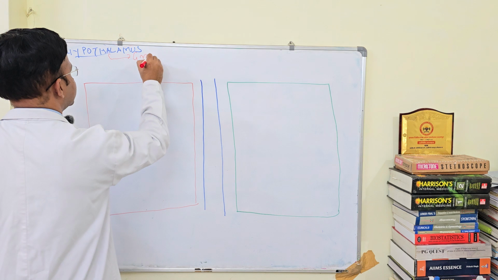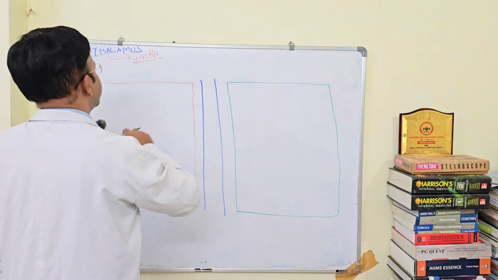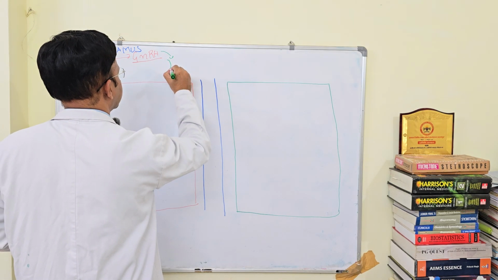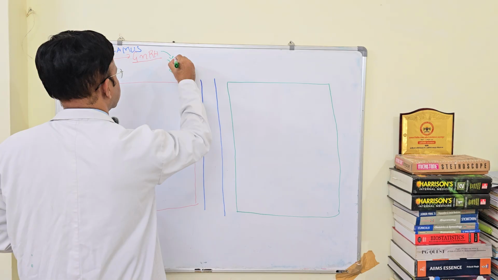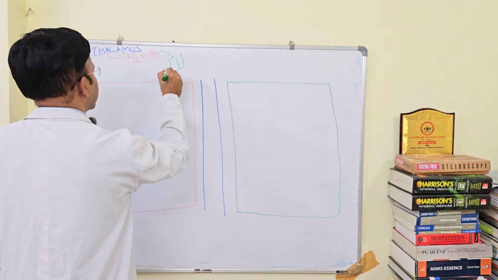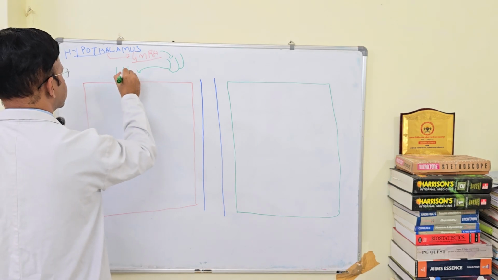And this GnRH is going to act on your anterior pituitary, right? Anterior and posterior. It will act on your anterior pituitary and it is going to release LH, right?